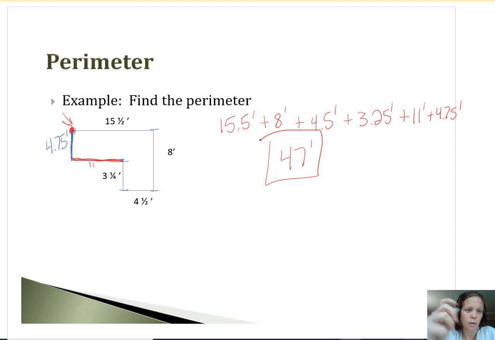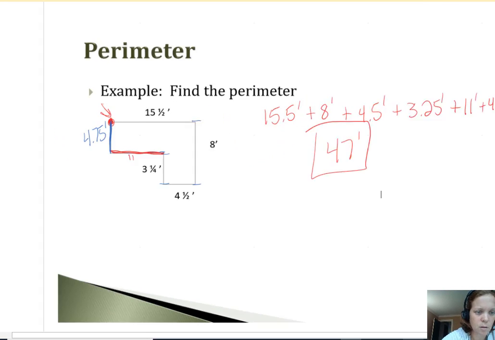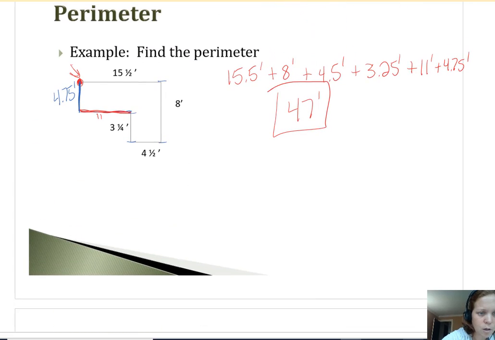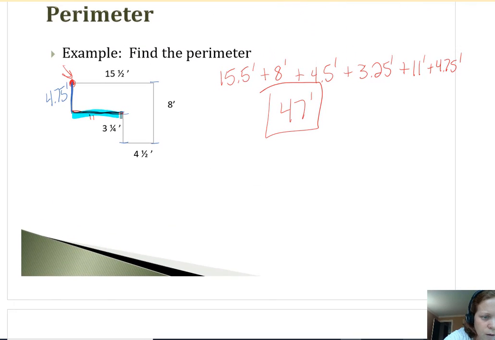Now, one thing I want to point out here, there is kind of a shortcut sometimes to these. So if you can picture this 11, if I just move it down and make it down here, and I take this 3¼ and I push it over to the side and I make it right here, it really is the same as if I had 15½, 15½, 8 and 8.